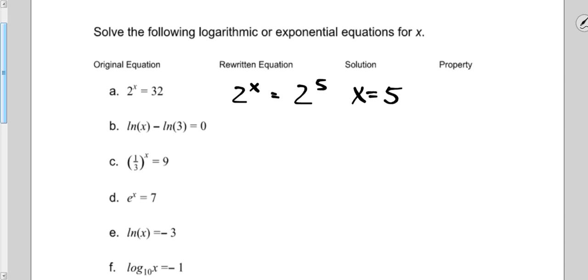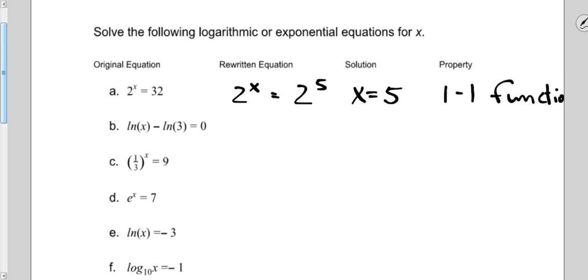The exponential function is a one-to-one function. So if 2 to the x equals 2 to the 5th, then x equals 5. That's true because this is a one-to-one function.